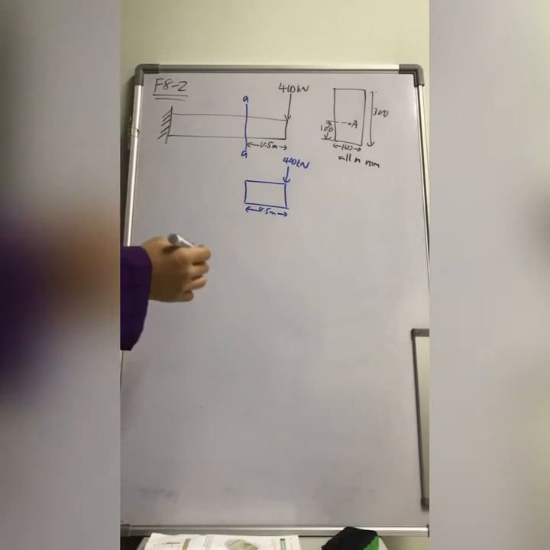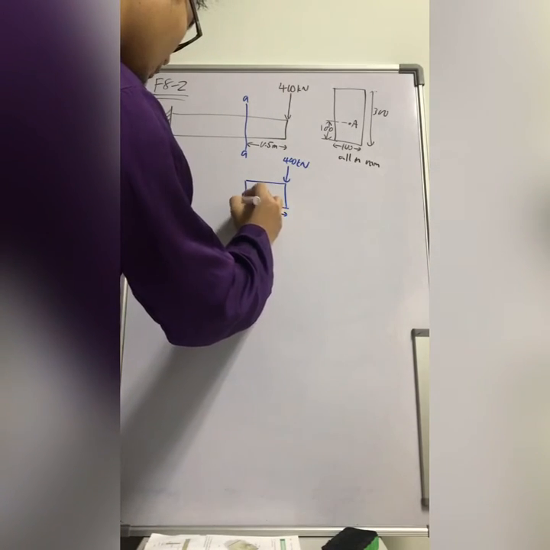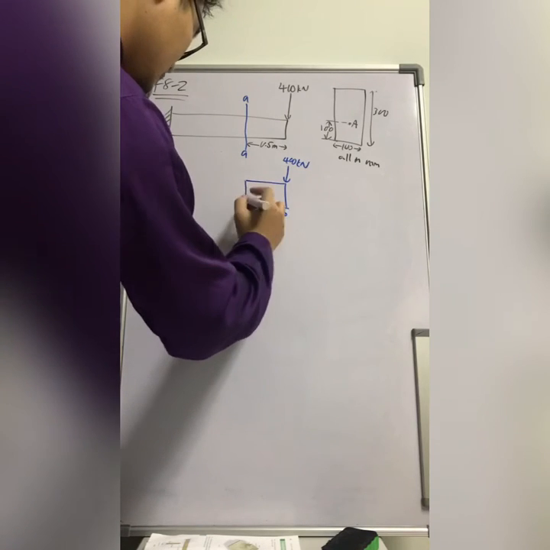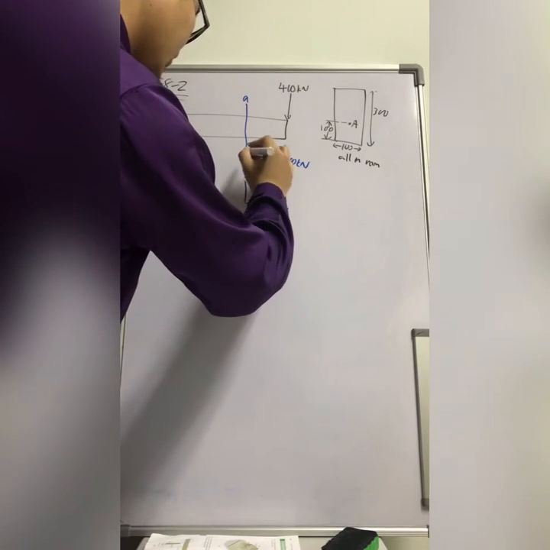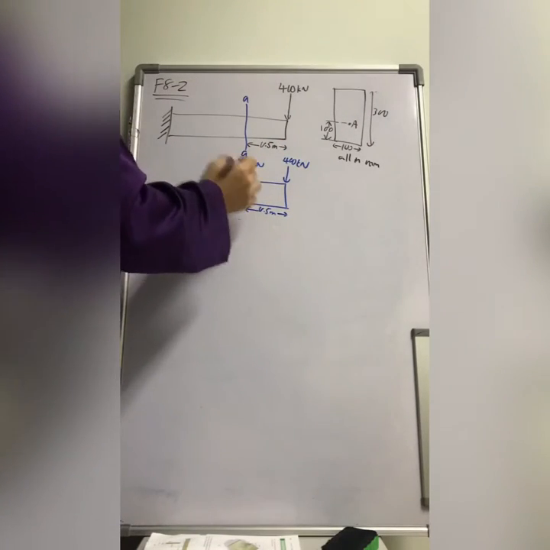So what else you have here? Of course you have V going up, which is 400 kilonewton. You should be able to do this from chapter 6.